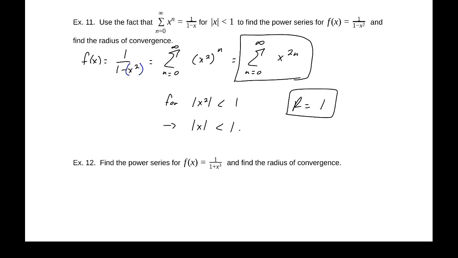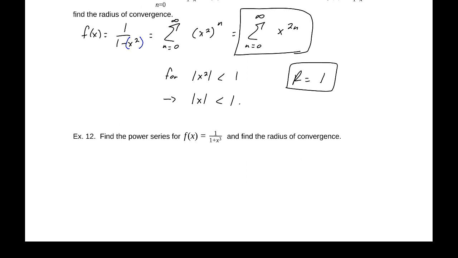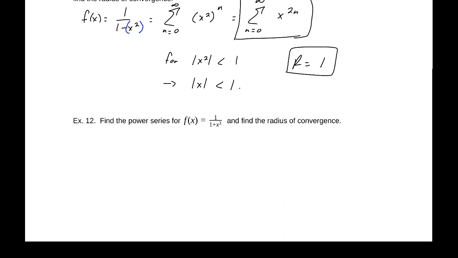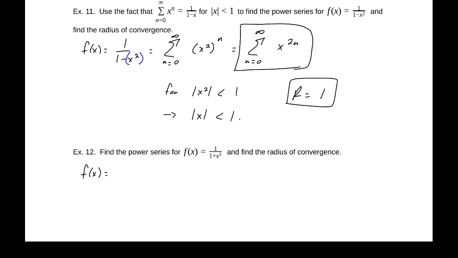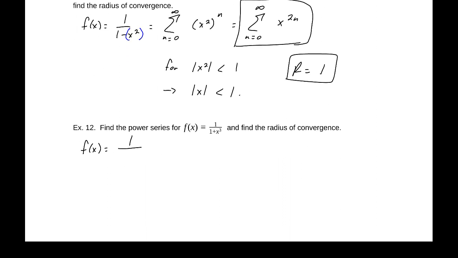Find the power series for f of x equals 1 over 1 plus x cubed and find the radius of convergence. Well, we will rewrite f of x in the same way that we have the 1 over 1 minus x: 1 over 1 minus negative x cubed. Verify, make sure you agree with that.